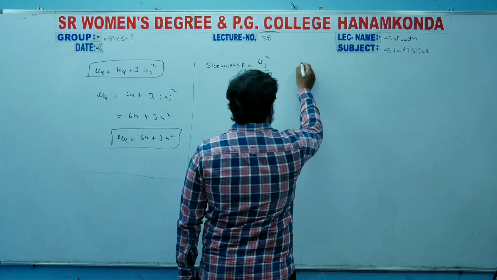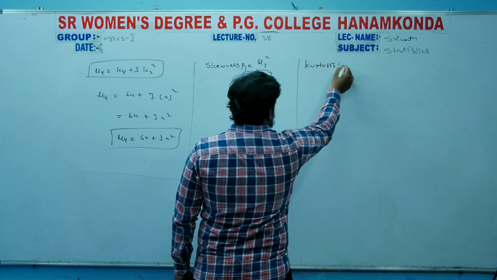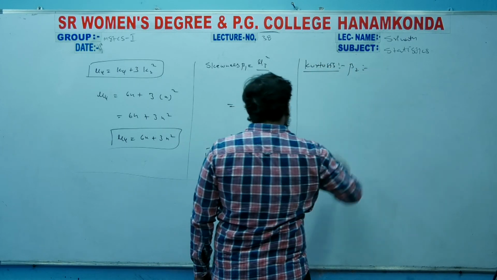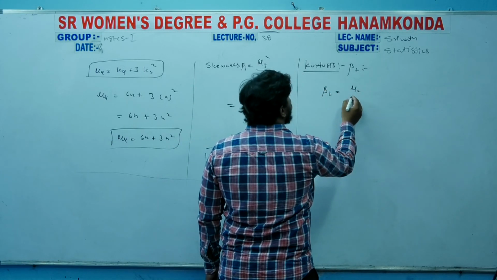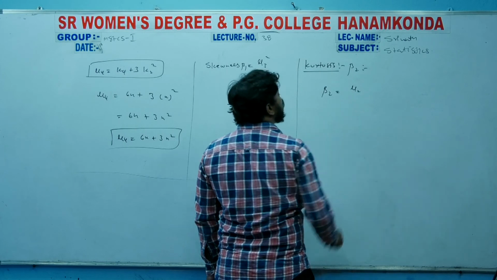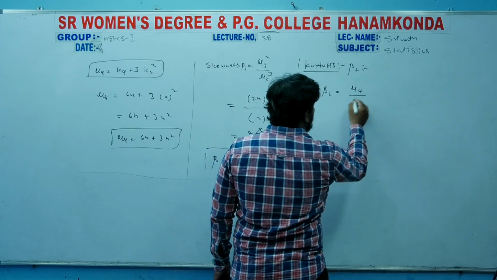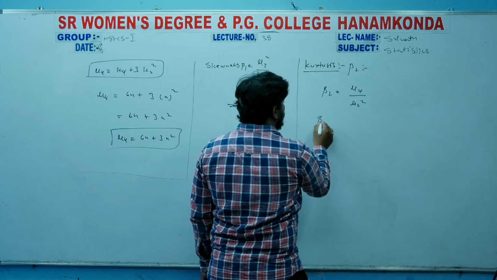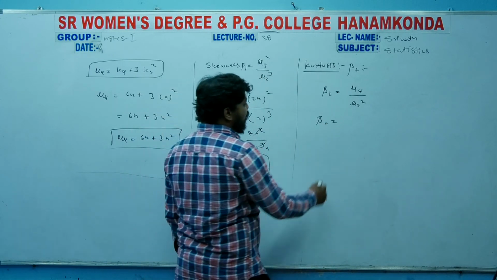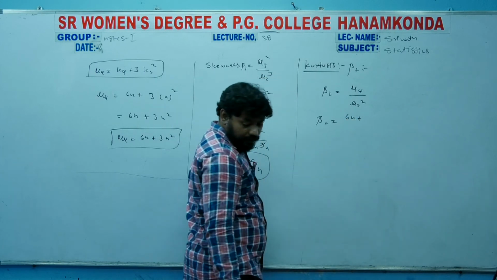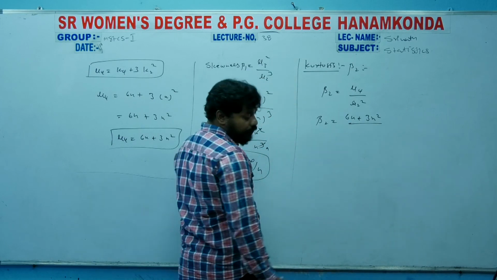Kurtosis is beta2. Beta2 is equal to mu4 by mu2 square. Mu4 by mu2 square is equal to 6n plus 3n square by n square.